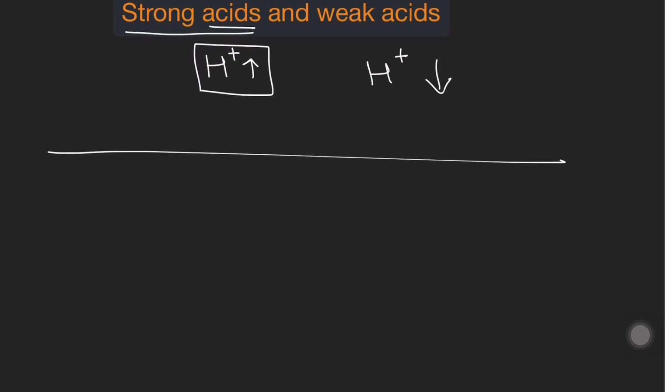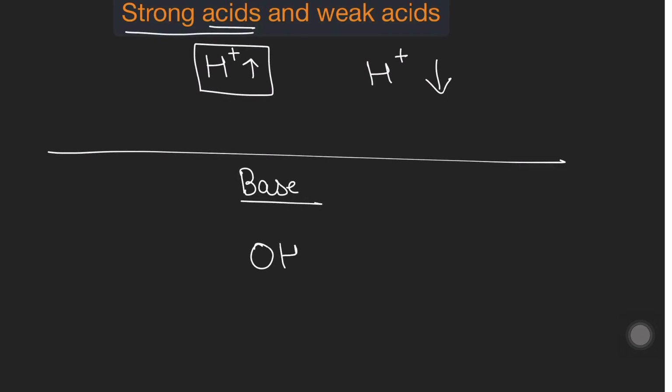So if we are asked for the definition of strong acids or weak acids, how can we define it? As we know that acid contains hydrogen ions, the more hydrogen ions it has, the stronger the acid. And the fewer the hydrogen ions, the weaker the acid would be.